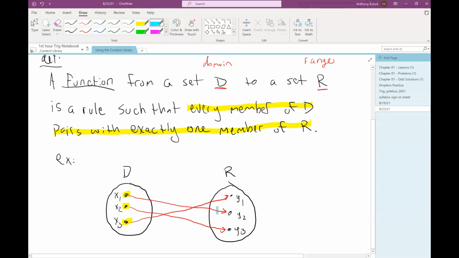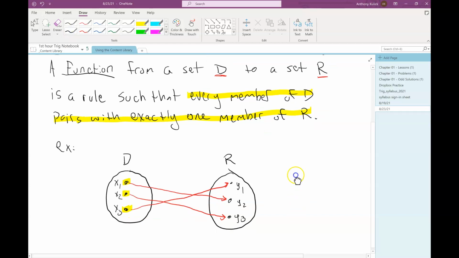I just need to make sure that each member of X is going someplace and that it's going only one place. Okay with that? So I only have to look at the domain. I have to make sure that every member is going someplace and that it's going only one place. What's happening at R does not matter.